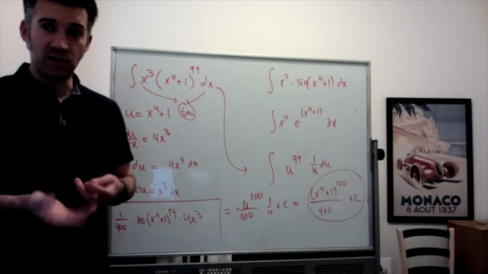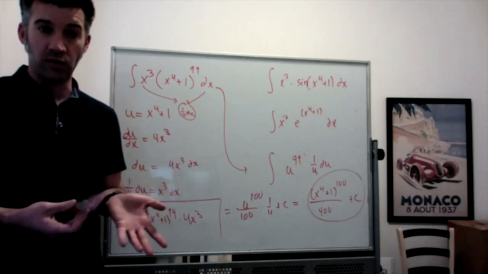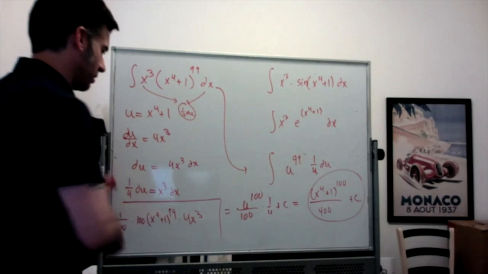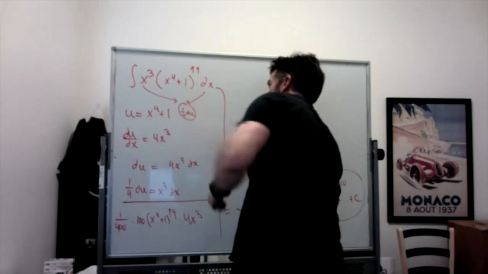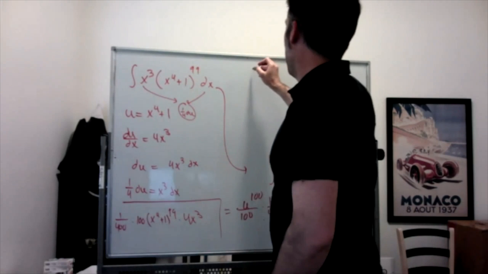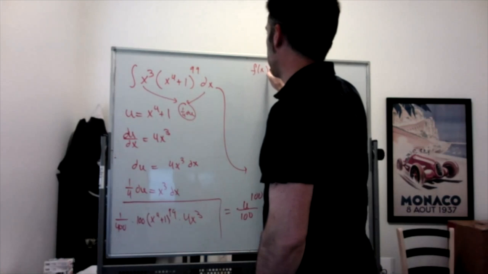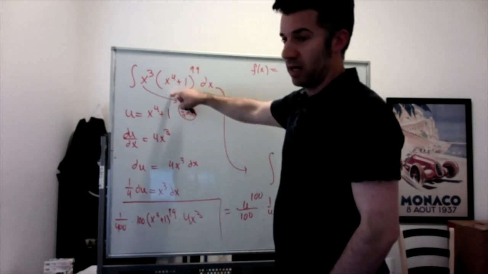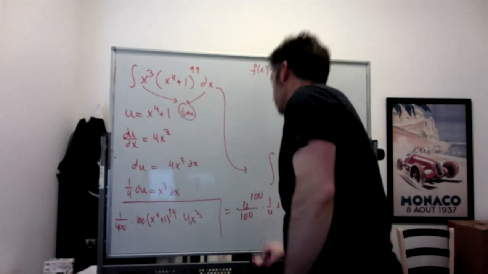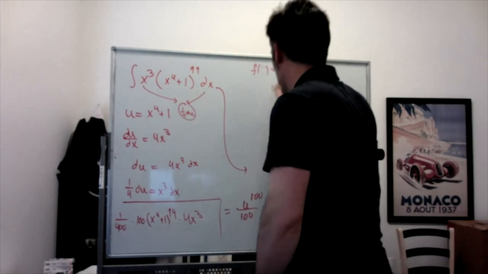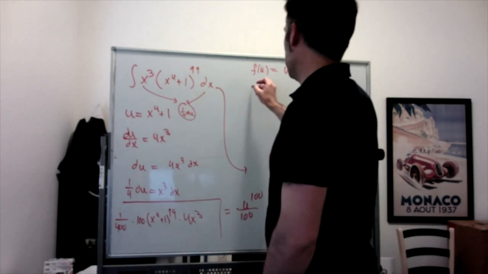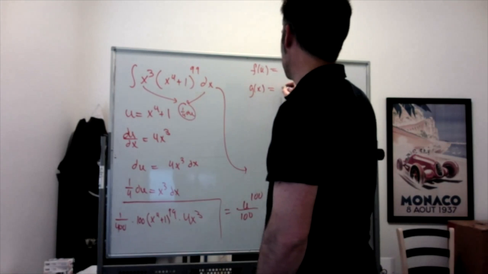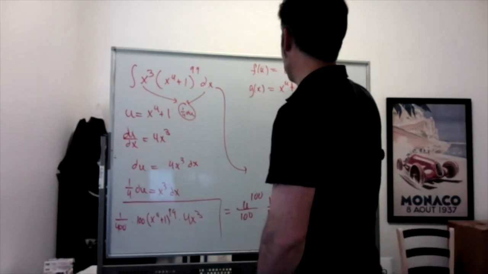Really what you're doing with the U-substitution is you're undoing the chain rule. Right? You're saying, I'm going to write this over here. f of u is u to the 99th power, and g of x is x to the 4th plus 1.